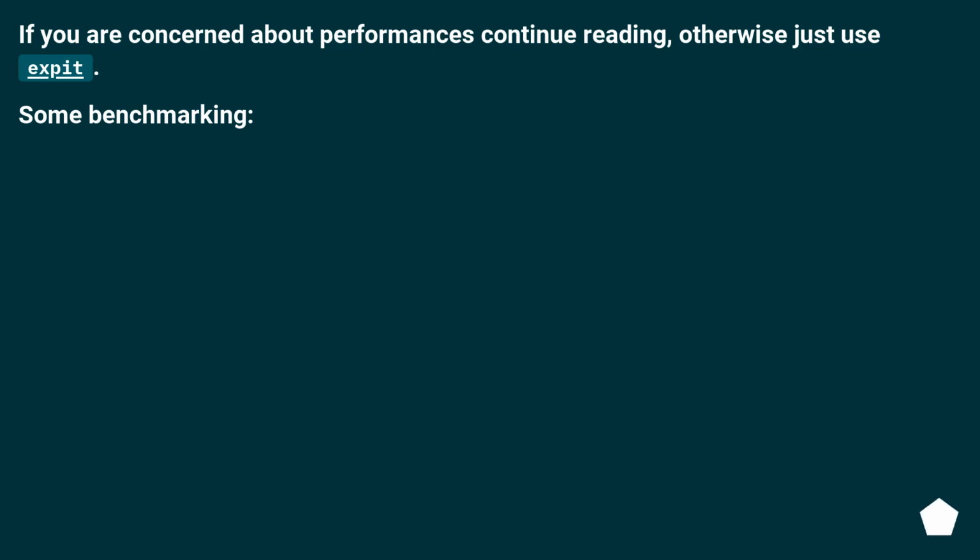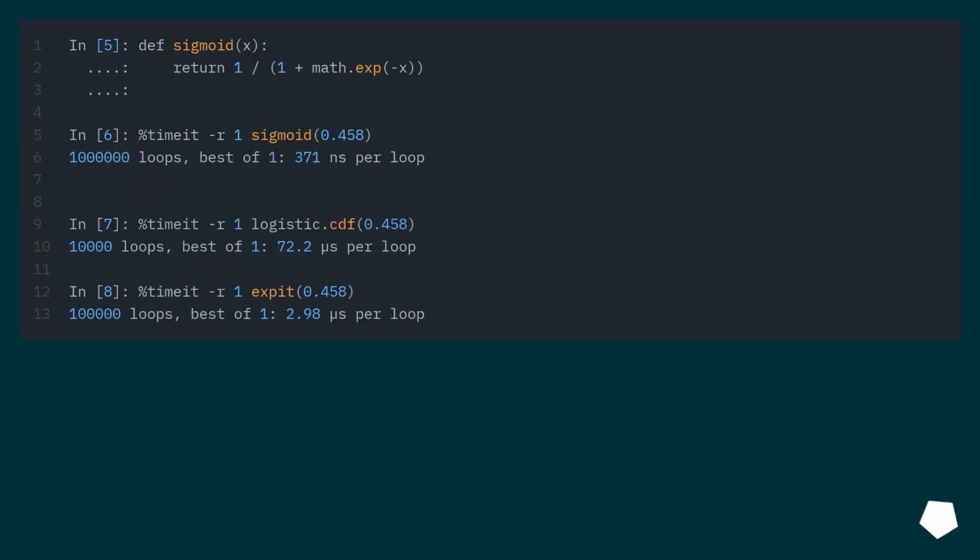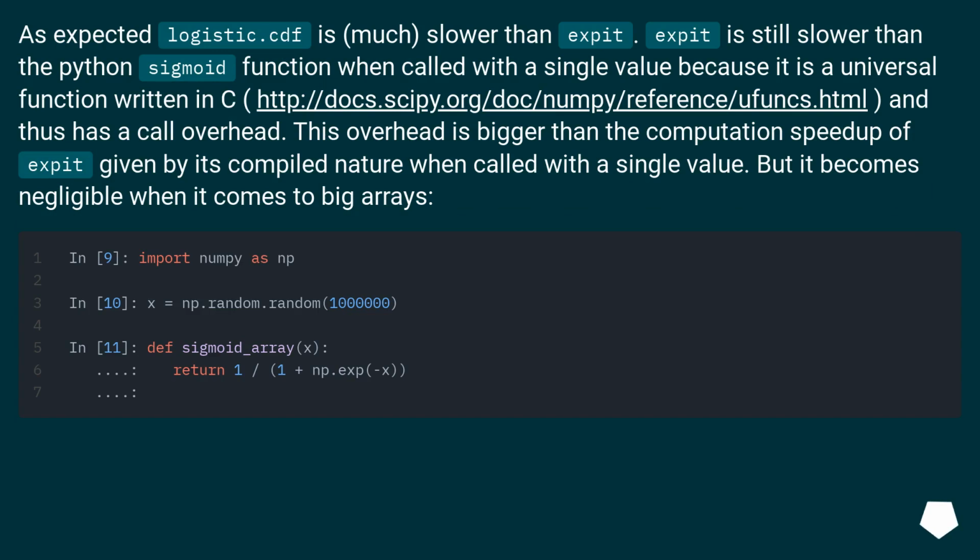Some benchmarking. As expected, logistic.cdf is much slower than expit. expit is still slower than the Python sigmoid function when called with a single value because it is a universal function written in C, and thus has a call overhead.